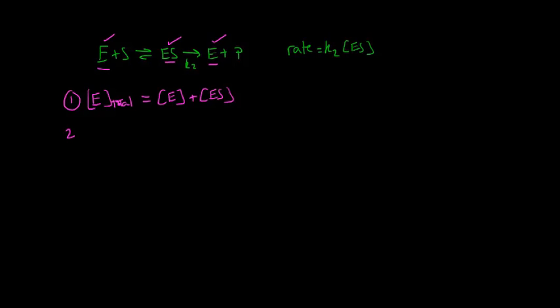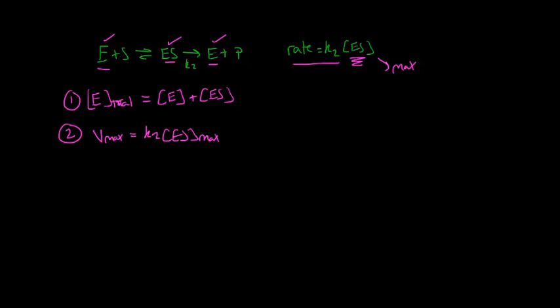Another really important thing to keep in mind is that the maximum rate, which we're going to call Vmax, occurs when the concentration of the enzyme-substrate complex has reached a maximum. According to this rate law, Vmax is equal to K2 times the concentration of enzyme-substrate complex that's been maximized.